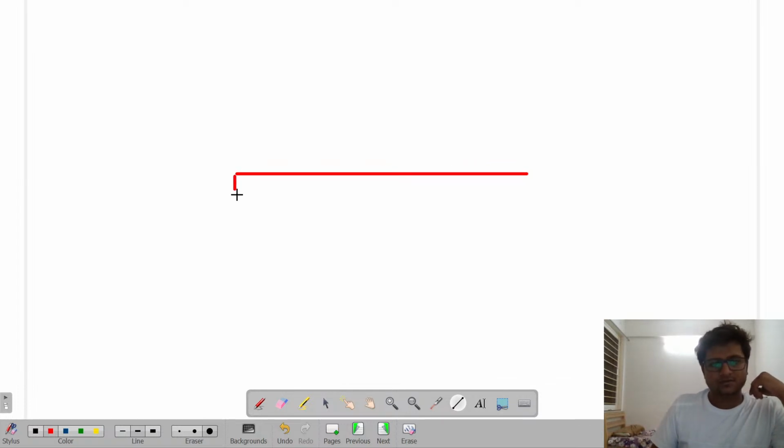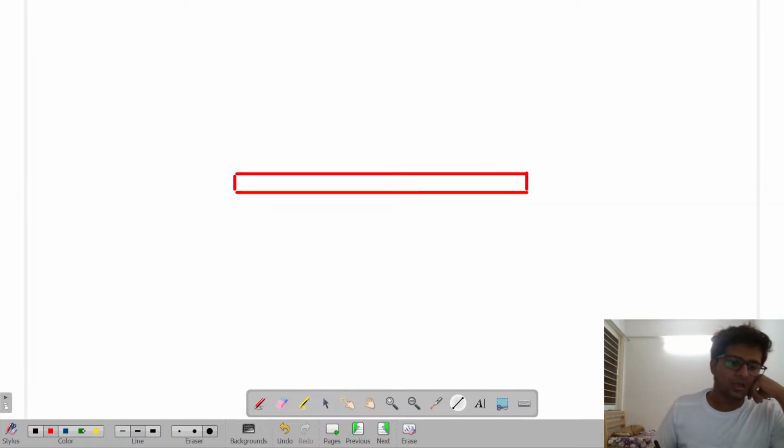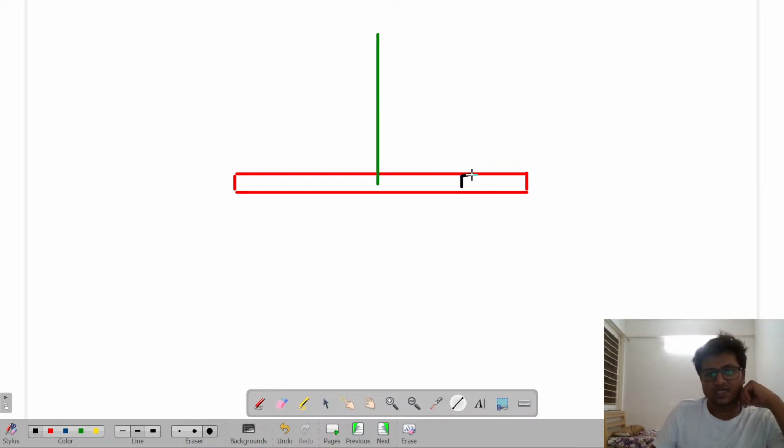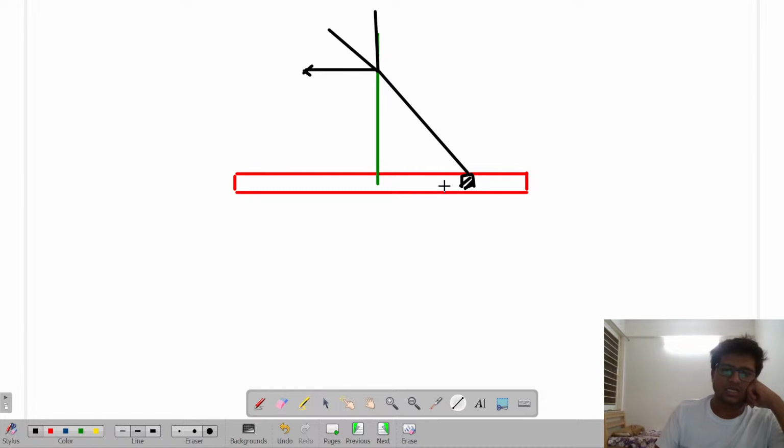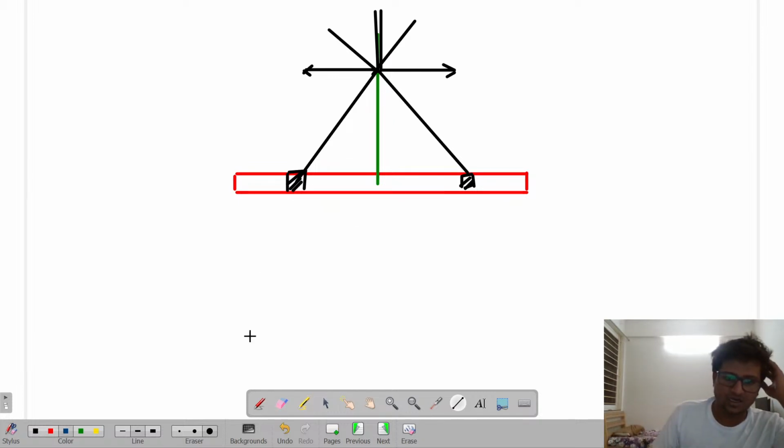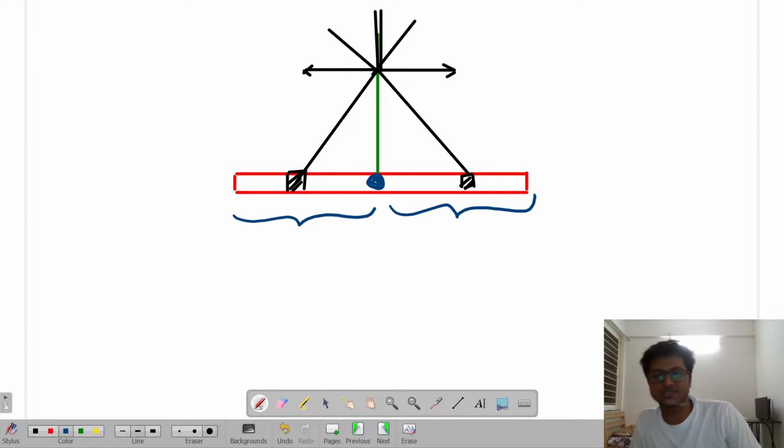मान लो अगर ये रॉड है, ठीक है, और इस रॉड को अगर अपन ने बीच से काटा और यहाँ पे एक चार्ज लिया dq, उसके वजह से यहाँ पे इलेक्ट्रिक फील्ड निकाली, तो उस इलेक्ट्रिक फील्ड के दो कंपोनेंट्स होंगे, एक ऊपर की ओर और एक इस साइड में, है ना. लेकिन उसी dq का एक दूसरा इमेज भी होगा, उसकी भी एक इलेक्ट्रिक फील्ड होगी इस डायरेक्शन में, और उसका भी एक कंपोनेंट ऊपर होगा और एक राइट हैंड साइड होगा. लेकिन अगर हमने इक्वली डिवाइड किया, if this division is totally equally, the amount of dq on this side and amount of dq on this side is same.